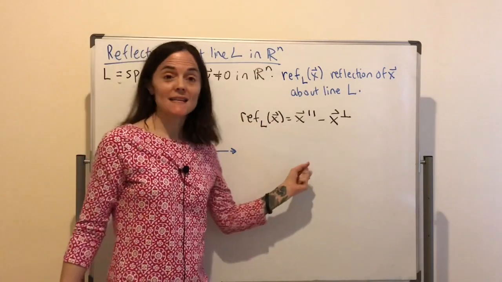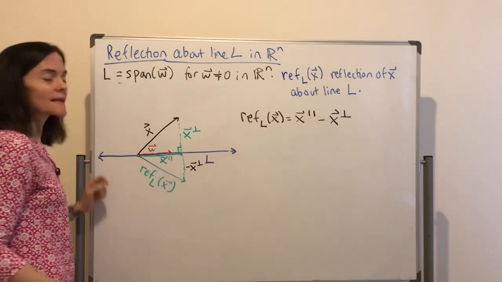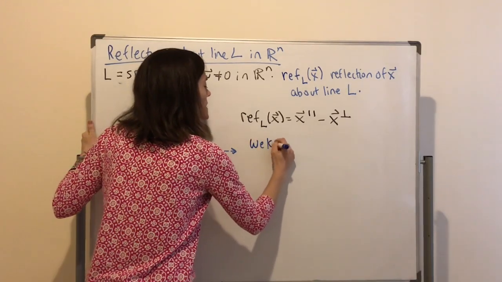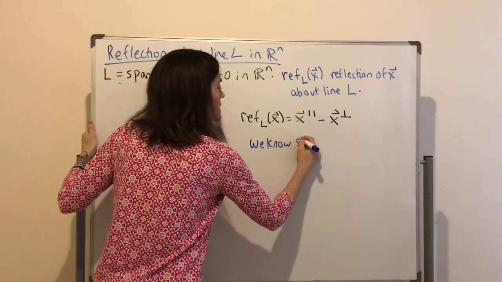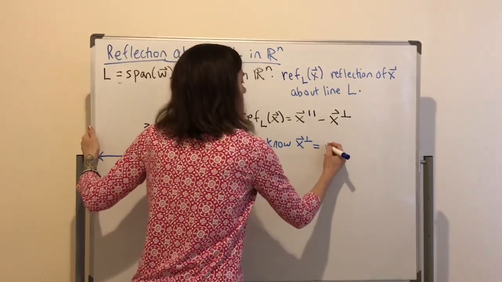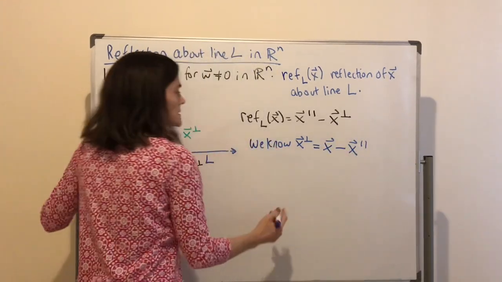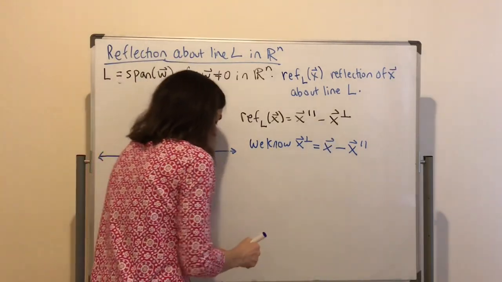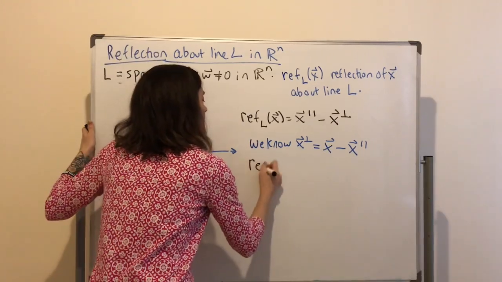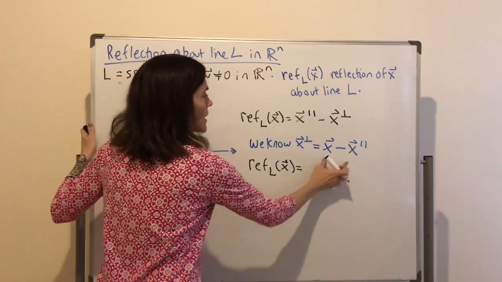We could also write this reflection entirely of x and the orthogonal projection just, well, by rearranging things. So we know, for example, that this component of x that's perpendicular to or orthogonal to the line is x itself minus the orthogonal projection. And so if we just stick that into this equation, another way to see this reflection is that the reflection is, well, put this in here.